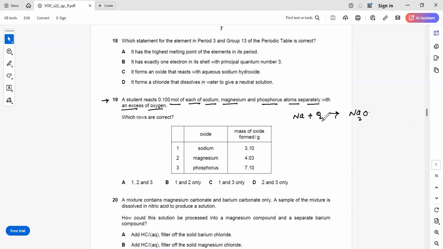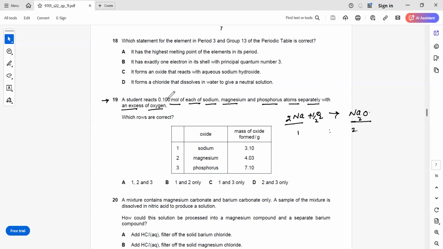Now let's balance this equation. It will be 2Na plus half O2, because it is in excess. So the ratio between sodium metal and its oxide is 1:2.